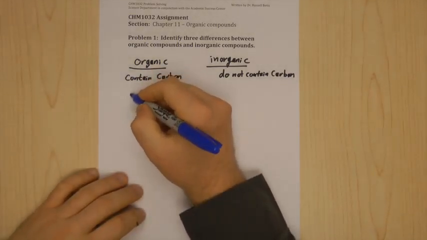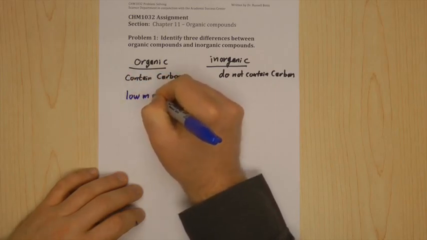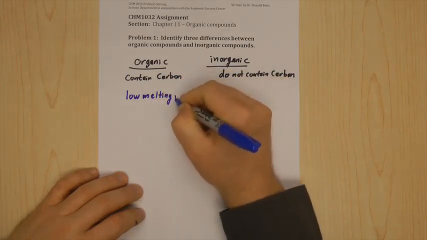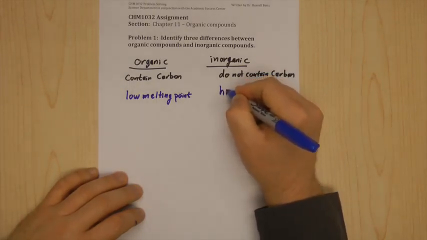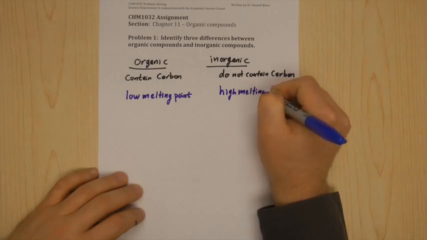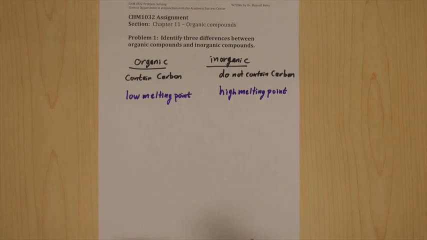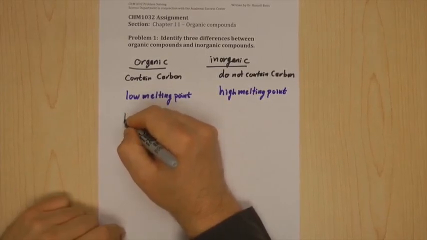Organic compounds are typically low melting point. Inorganics typically have a high melting point. Organics typically have a low boiling point.